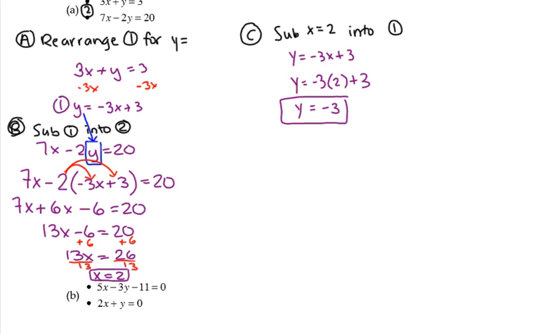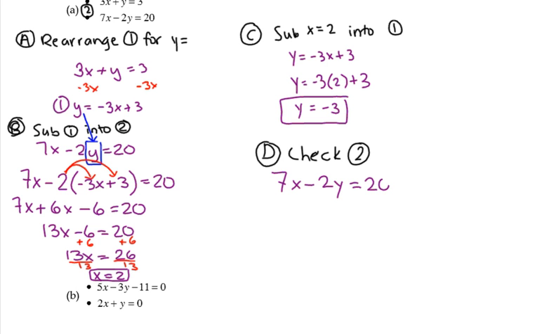Now I know x. Now I know y. Last step is check. And who are we going to check with? If we subbed into 1, we're going to check with 2. Check with equation 2. And equation 2, 7x minus 2y equals 20.